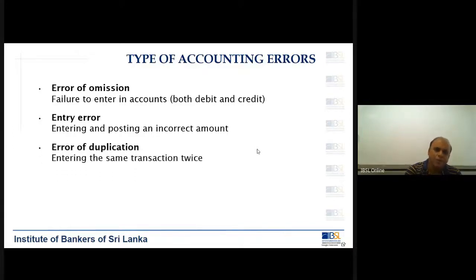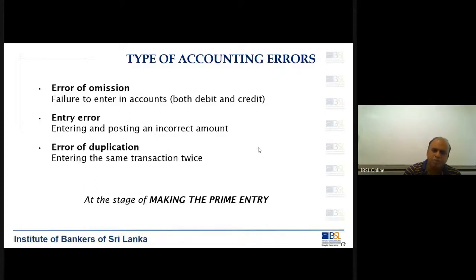Error of duplication is very straightforward, where you enter a transaction twice. The same transaction is entered two times. Those types of errors occur at the stage of making the prime entry. Because from the prime entry books, you have to post to the ledger.